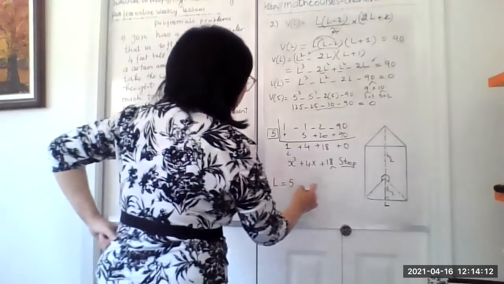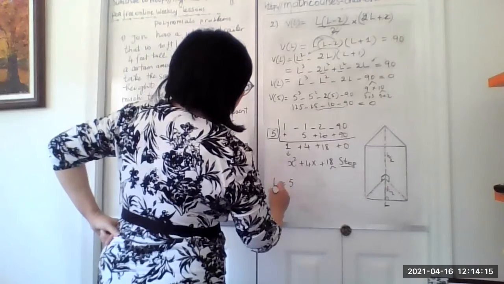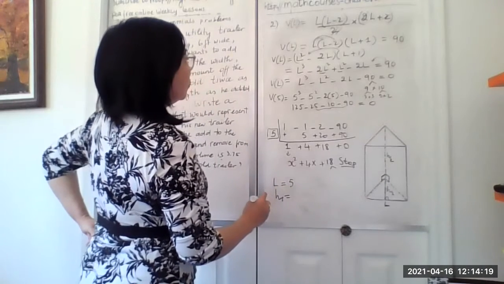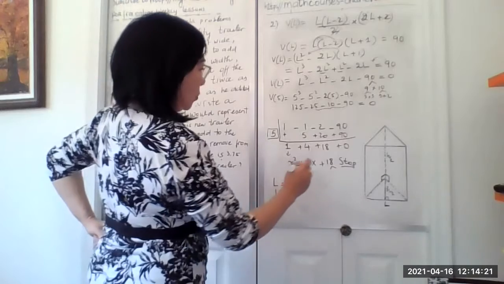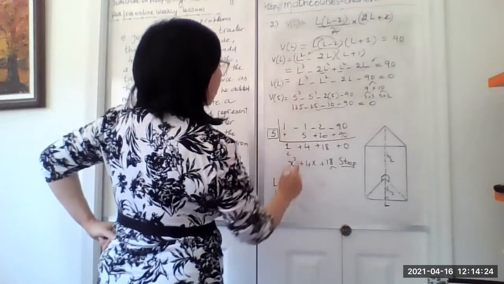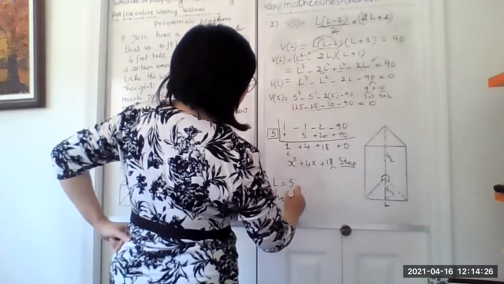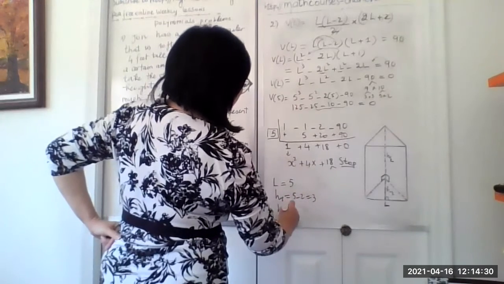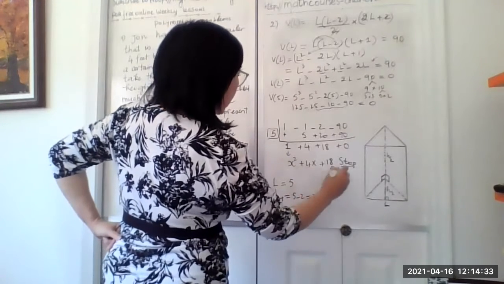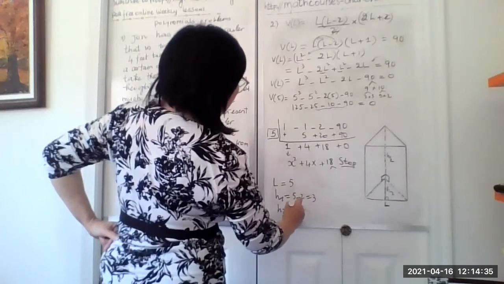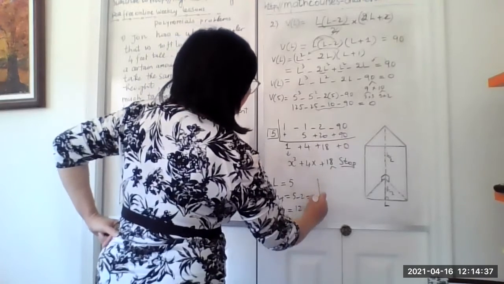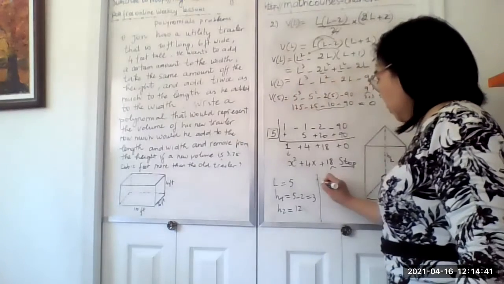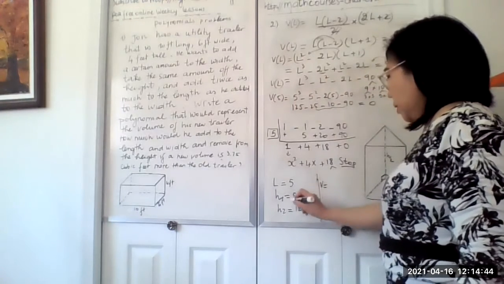Okay, so what happens if L equal 5? Then H1 will be equal to what? L minus 2, right? So 5 minus 2, which is 3. And H2 will be equal to 5 times 2, which is 10, plus 2 is 12. So let's multiply all of these numbers together to see if we get the volume.